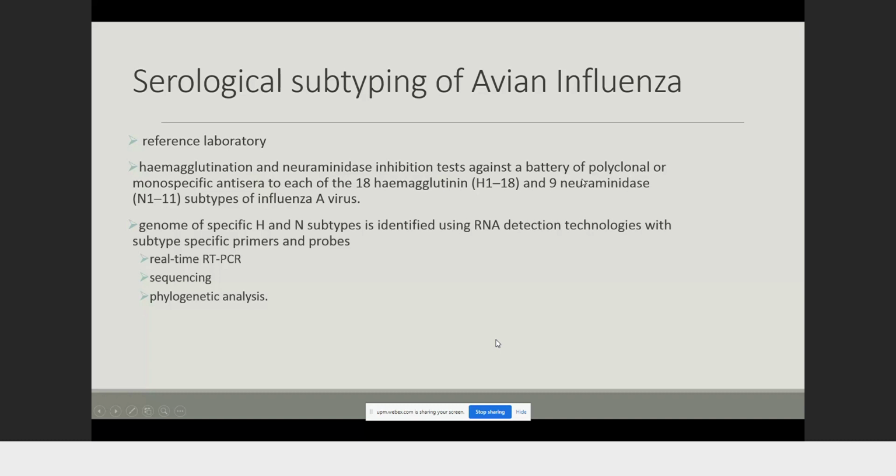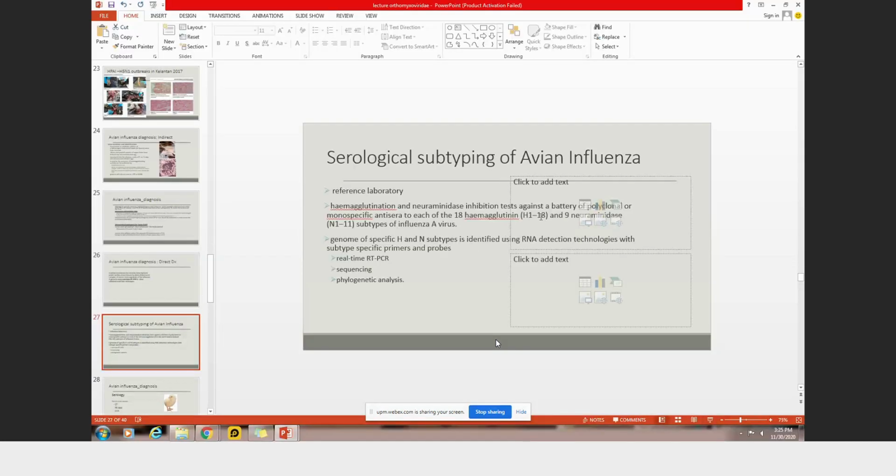Okay, so you need to have the polyclonal or monospecific anti-sera for each of these subtypes.